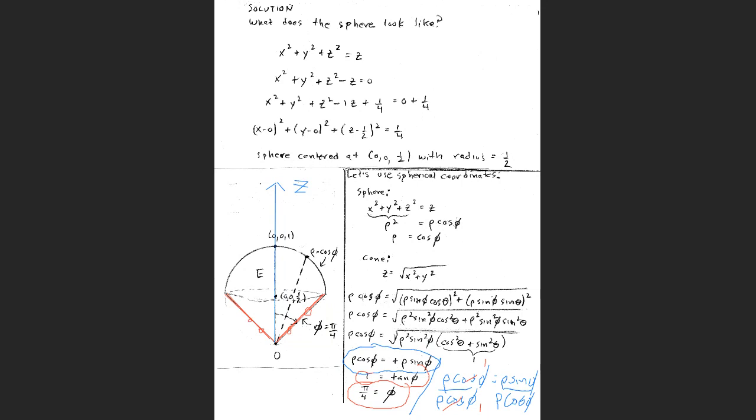The cone doesn't include inside the cone, it's the boundary. Well, every one of those points, phi equals pi over 4. So the equation of the cone is represented as phi equals pi over 4. Okay, so rho here, are there any questions so far?